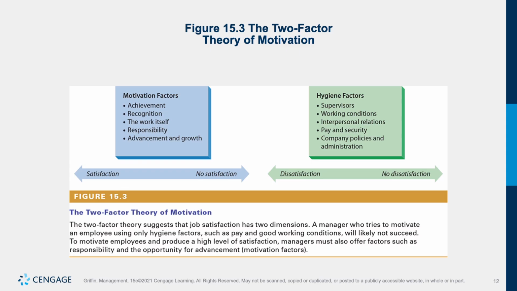So the hygiene factors actually do not cause satisfaction. Actually, they provide for lack of dissatisfaction, whereas motivation factors could actually provide for the actual satisfaction, right? So looking at those columns, we can see the list of things that actually contribute to both the hygiene factors and the motivation factors.